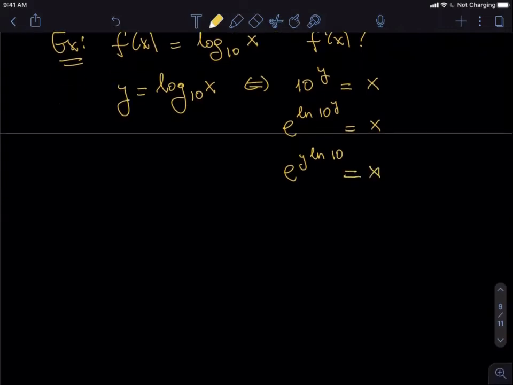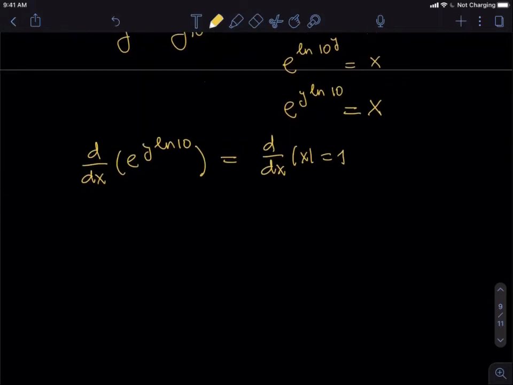And now with this that I have written, I can already find the derivative. I just need to take d/dx of both sides. This is as before.